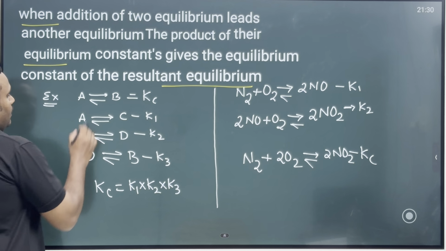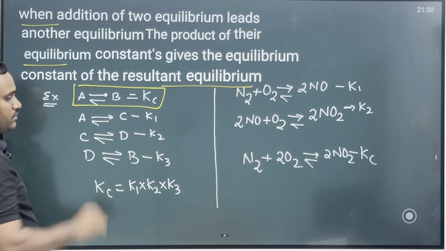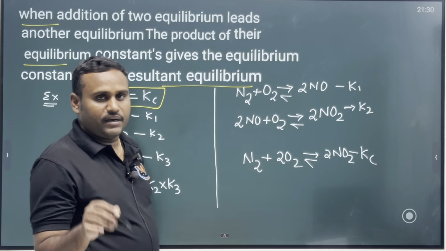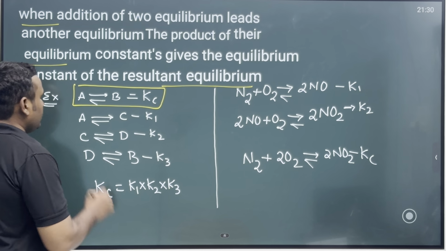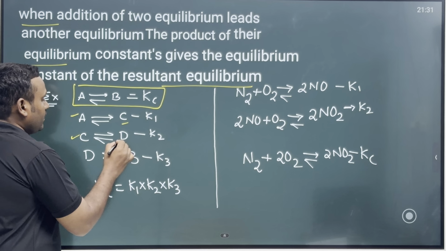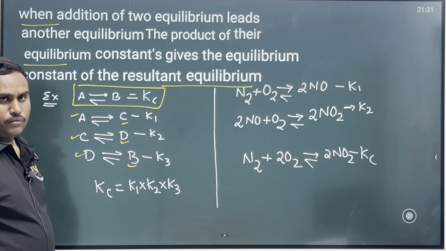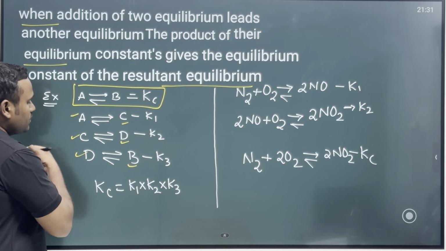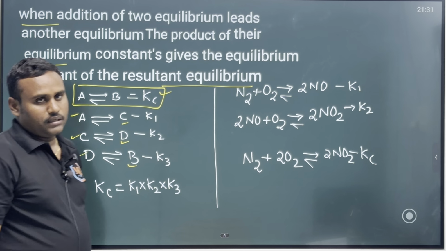Let us consider A gives rise to B. This is the complete reaction. Consider it is occurring through different intermediate equilibria. Initially A is converting into C, C is converting into D, and D is converting into B. When you add all these equations, you will get this resultant equilibrium.